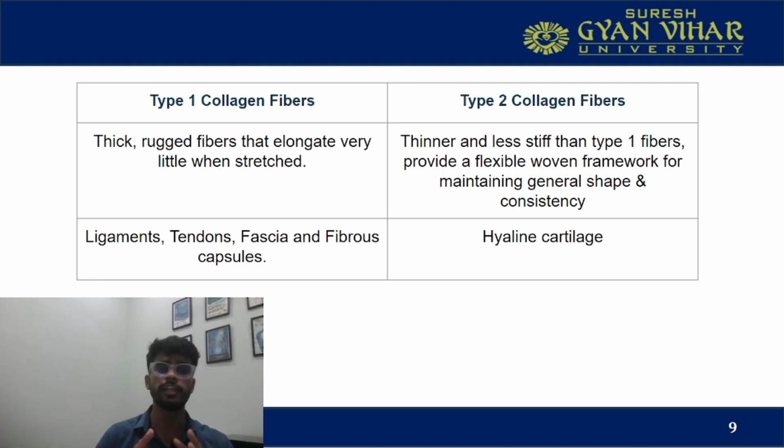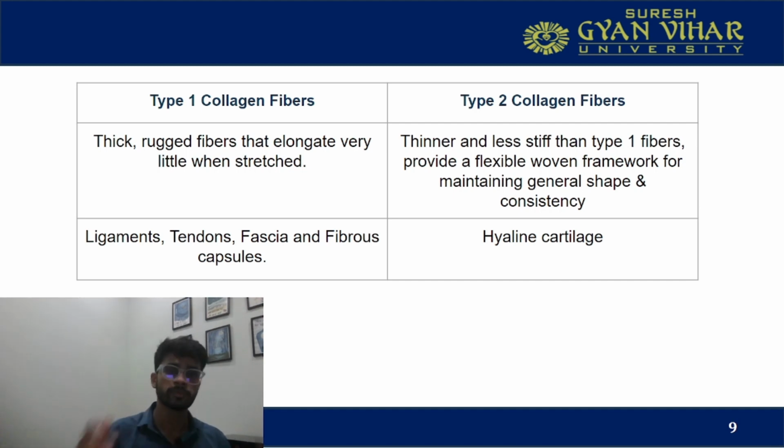Type 1 collagen fibers elongate very little whenever you stretch them, whereas type 2 collagen fibers will elongate over a much larger distance compared to type 1.